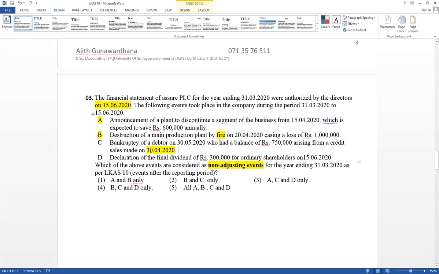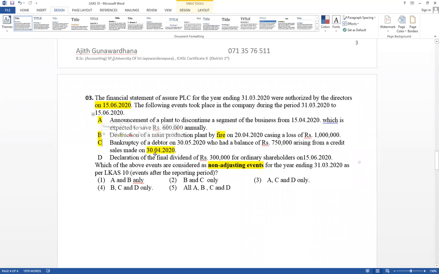But now think about the debtor created after the reporting period. Debtor is not available as at 31st March 20. Think about this one, debtor became bankrupt before signed by the director. Normally should be adjusted, but the debtor should be available as at 31st March 20. But in this example, the debtor was created after the reporting period. Debtor is not available at 31st March 20. Therefore, this one is non-adjusting.